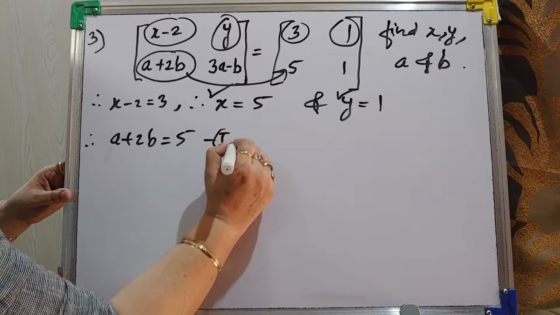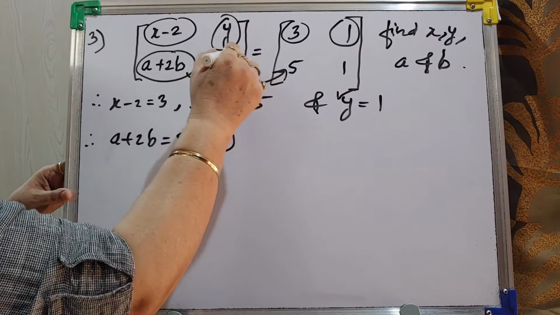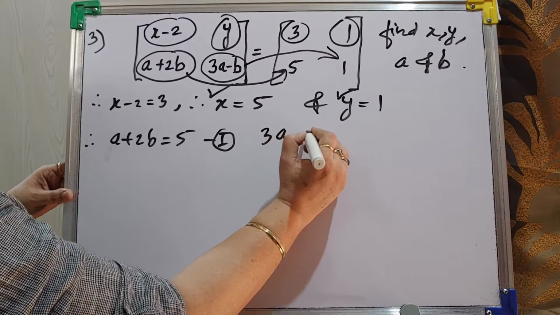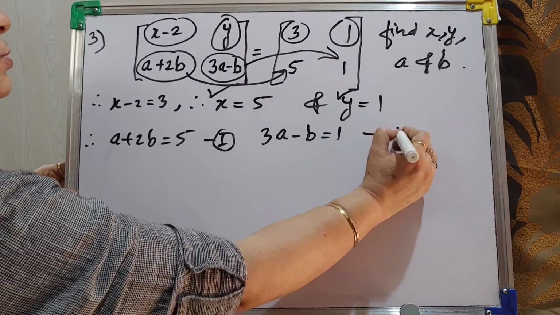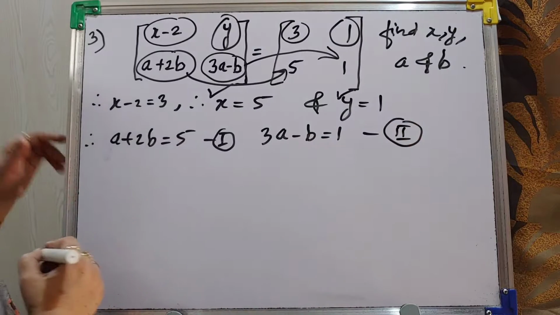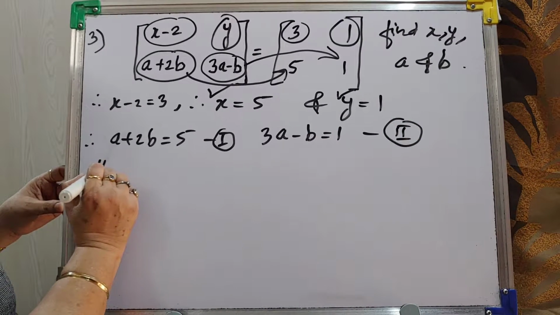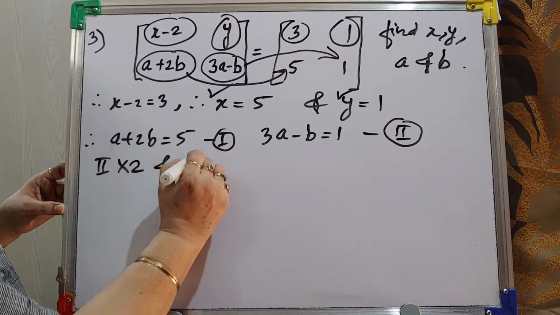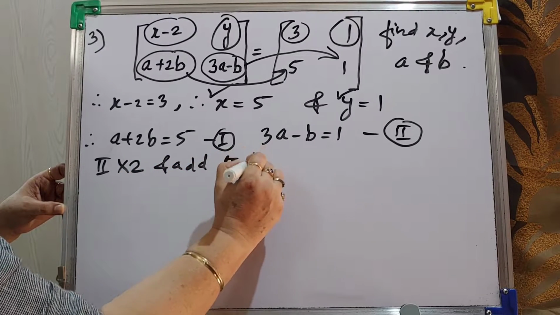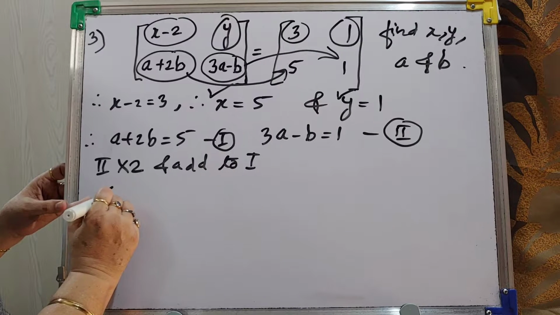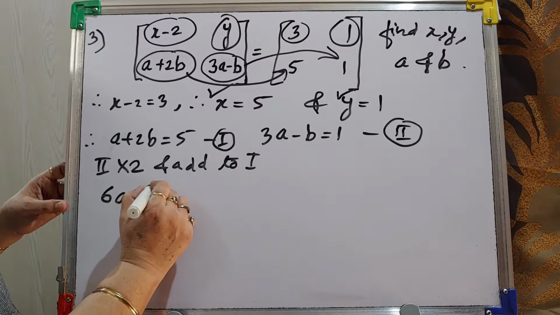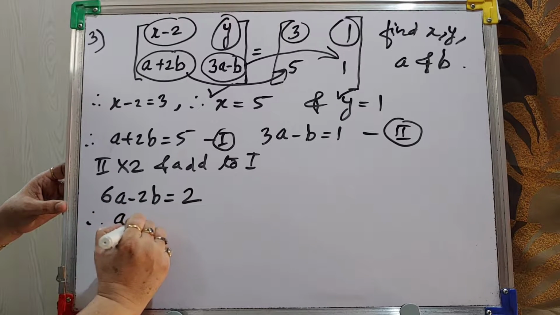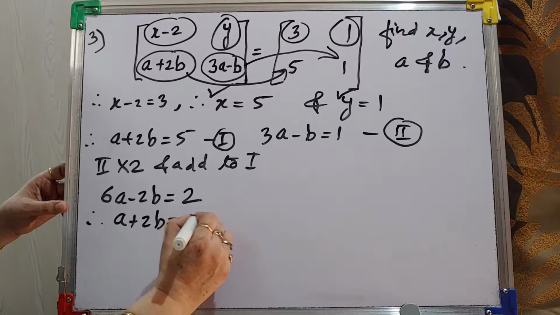That will be my first equation. In the same way, this will be equal to 1. So 3a minus b equals 1. That is my second equation. I will multiply the second equation by 2 and add it to the first. When I multiply, it will be 6a minus 2b equals 2. And a plus 2b equals 5.